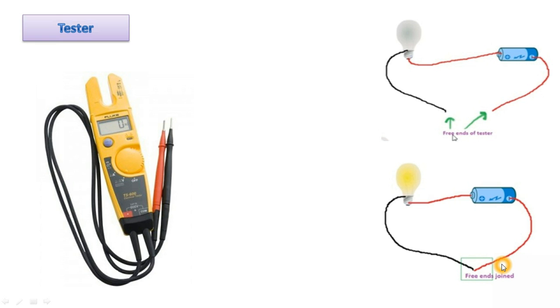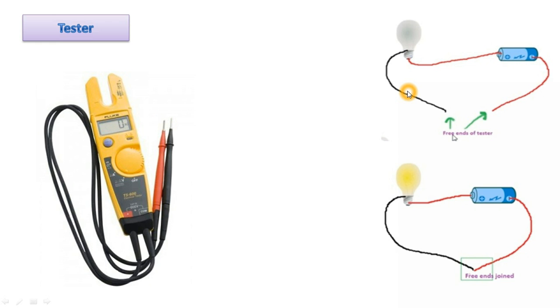Now, how do we test that the tester is working fine? Testing a tester. In that case, instead of taking another substance, we just join the free ends of the tester. When you join these free ends, the circuit becomes complete, so the bulb should glow, right?